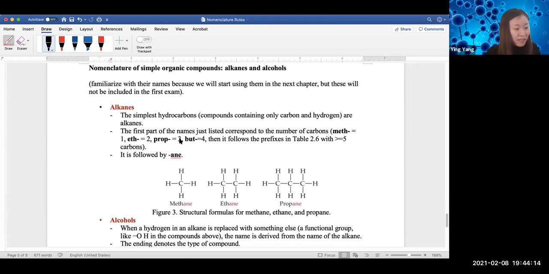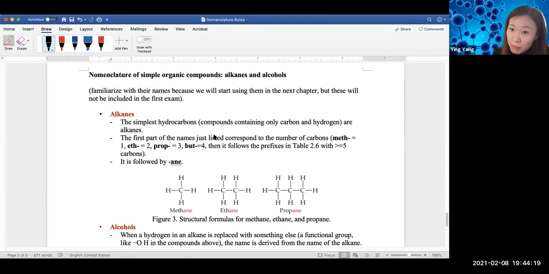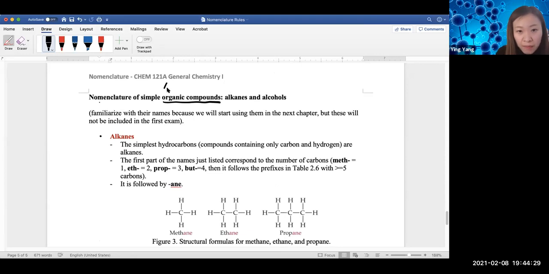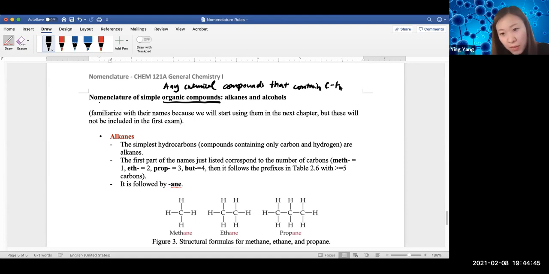So organic compounds contain CH bonds, carbon hydrogen bonds. So let me write down here, organic compounds refer to any chemical compounds that contain CH, carbon hydrogen bonds.